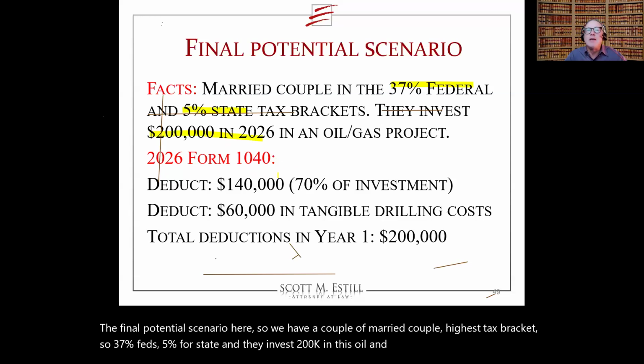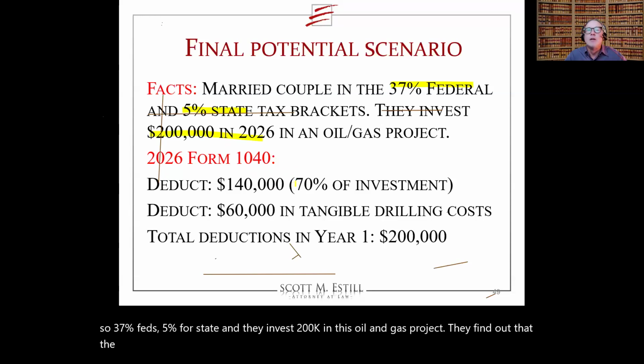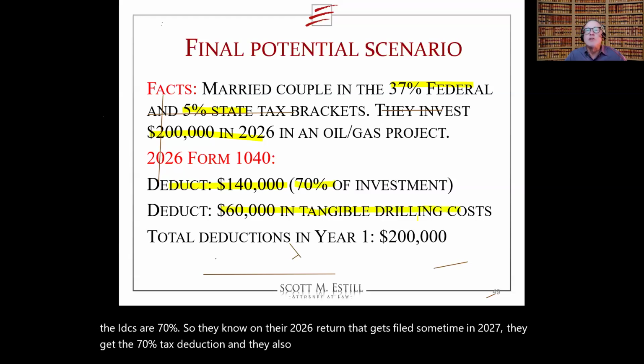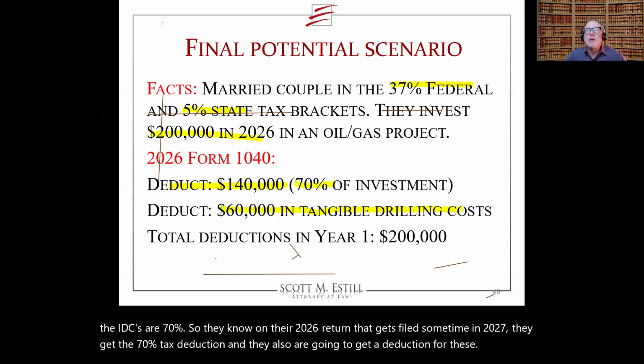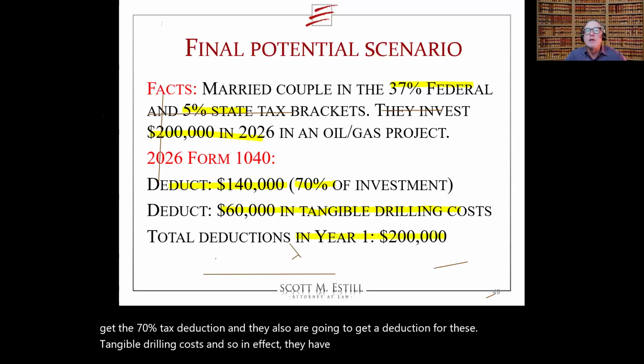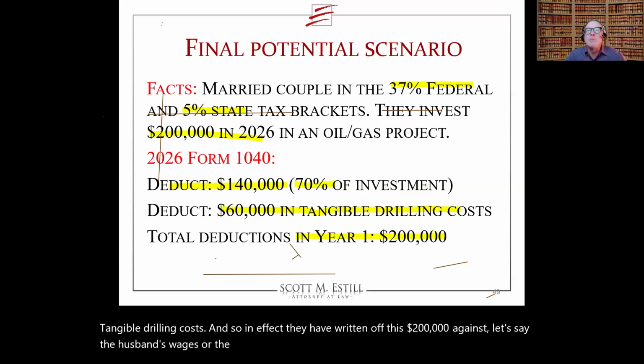They find out that the IDCs are 70%, so they know on their 2026 return that gets filed sometime in 2027, they get this 70% tax deduction. And they also are going to get a deduction for these tangible drilling costs. So in effect, they have written off this $200,000 against, let's say, the husband's wages or the wife's wages or whatever it happens to be.